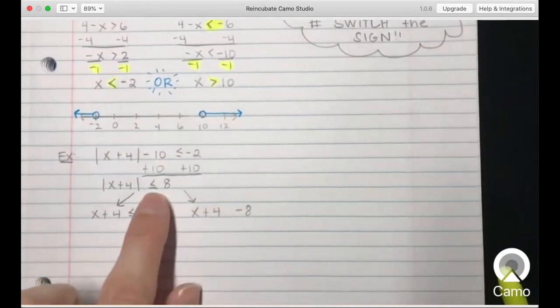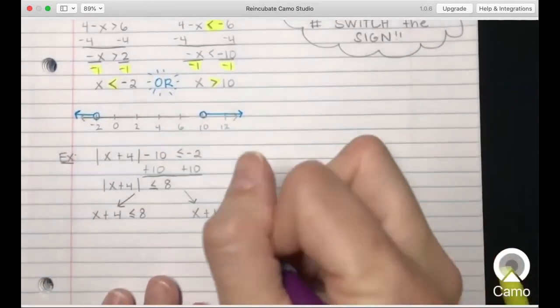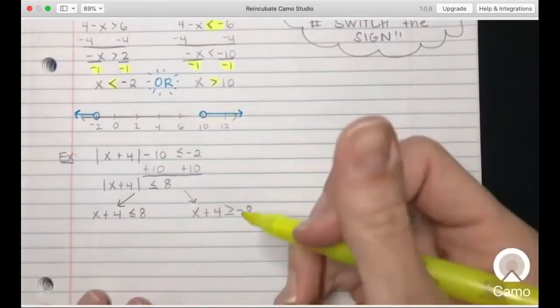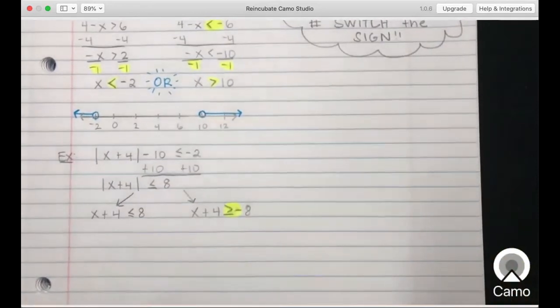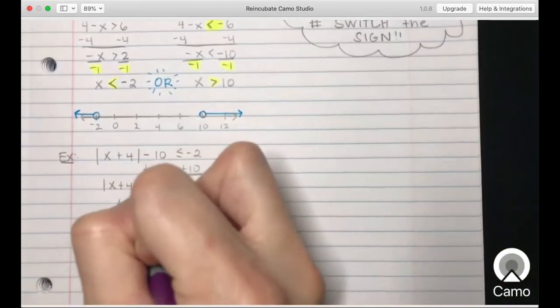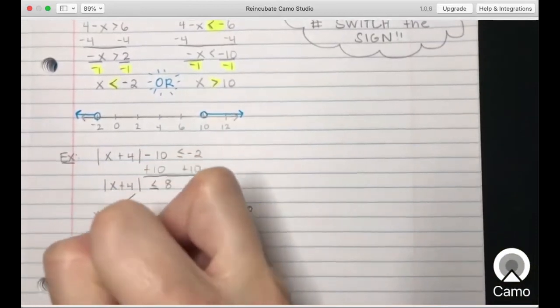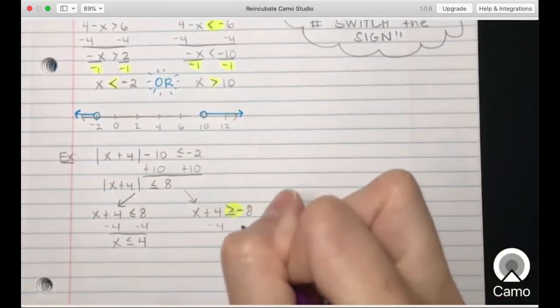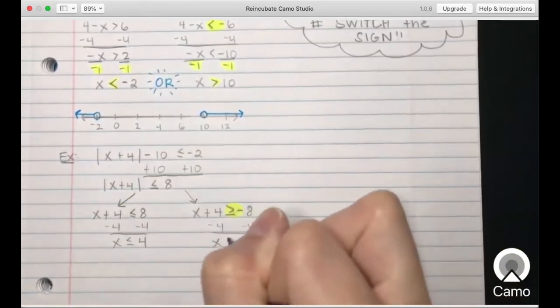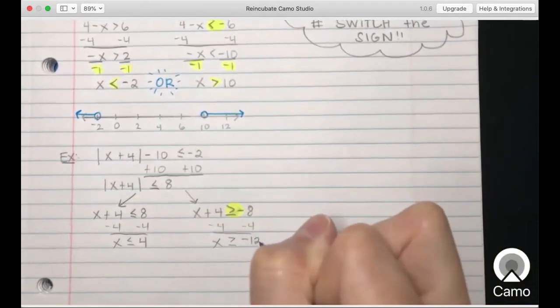Whatever direction it is right now, we're just going to flip it. I'm going to highlight that just to draw attention to that whole switching process. And now we just solve. Now it's the part that's kind of straightforward. So x is less than or equal to 4. And here x is greater than or equal to -12.